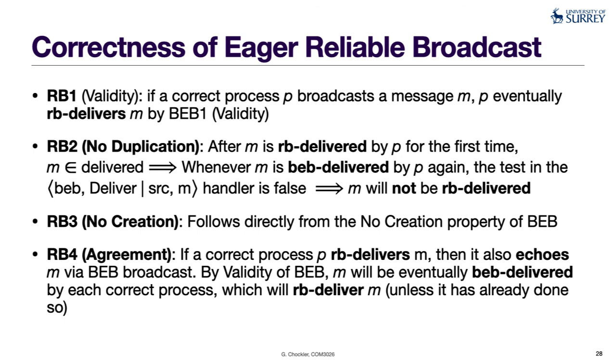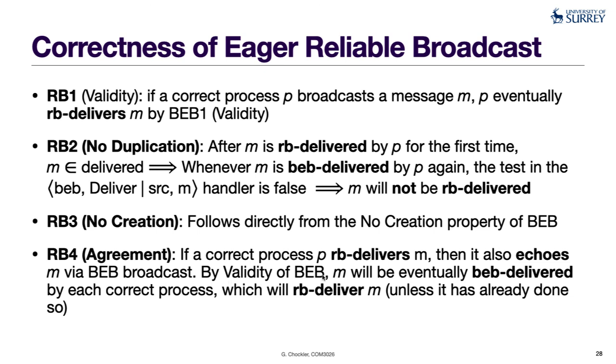Agreement is the most interesting property to show, and it is as follows. If a correct process P RB-delivers M to the application, then, as we discussed, it will also echo M via the BEB broadcast primitive.